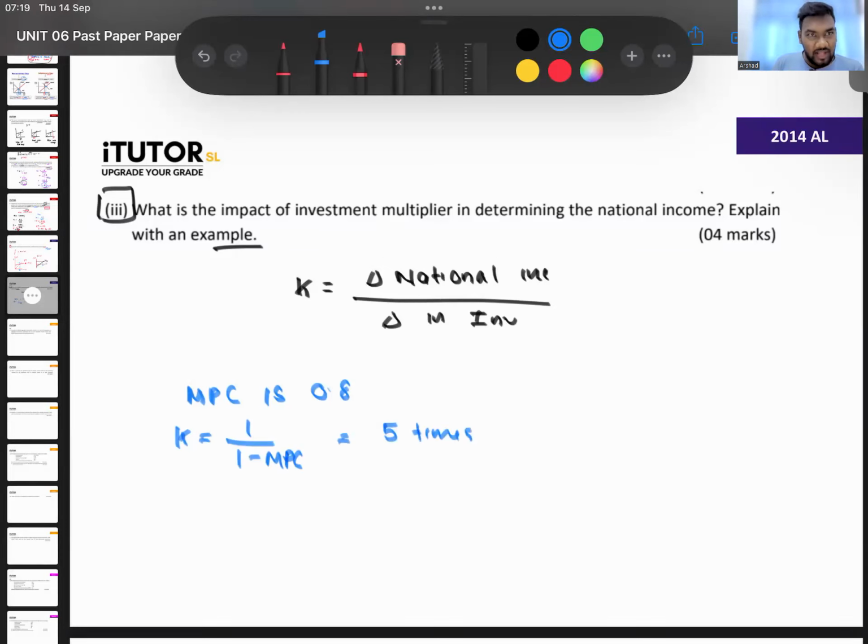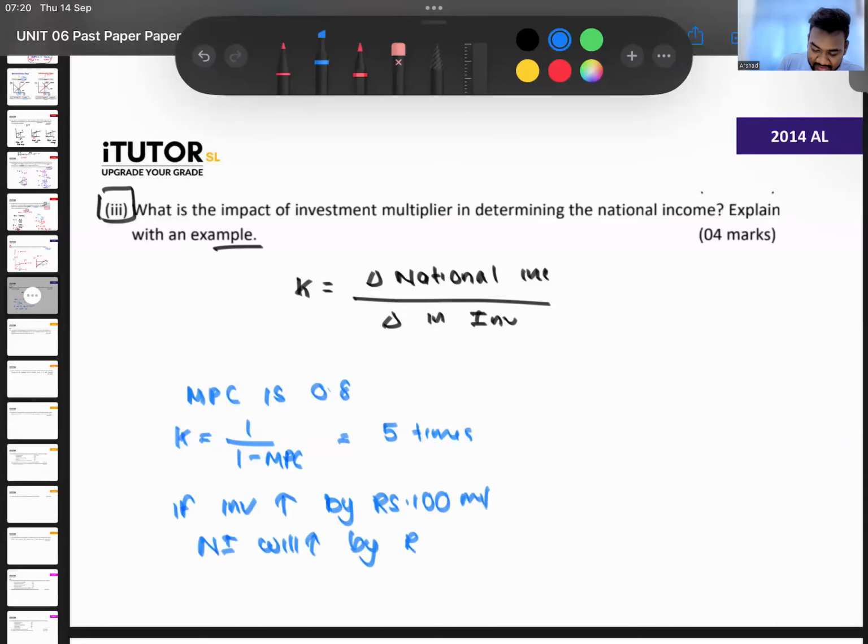I'm hoping you all know how to calculate that. And then say, in a situation as such, if investment rises or increases by, let's say, 100 million, national income will increase by, you can say, 500 million.